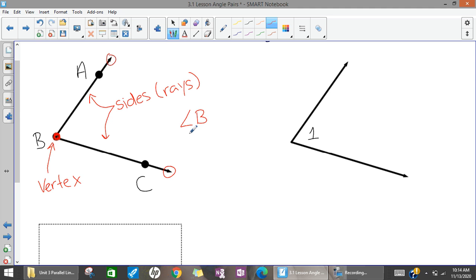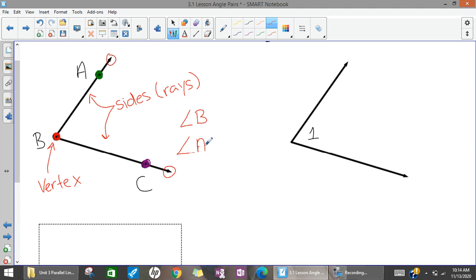Another way I can use letters is by using the one point that is on each side. In this case, on this ray or this side, there's point A, and on the other ray is point C. And so I can name my angle using those two points plus the vertex. Since the vertex is in between A and C, I'm going to make sure when I name it, my vertex letter is between those two letters.